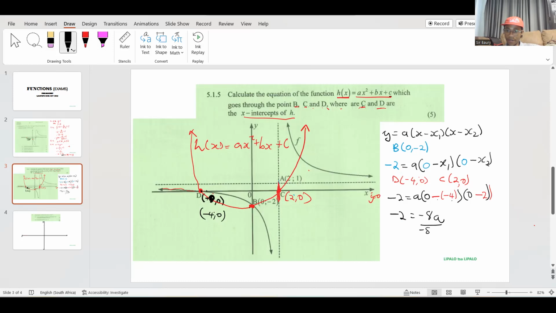If I divide by negative 8, negative 8, I get a being equal to a quarter.